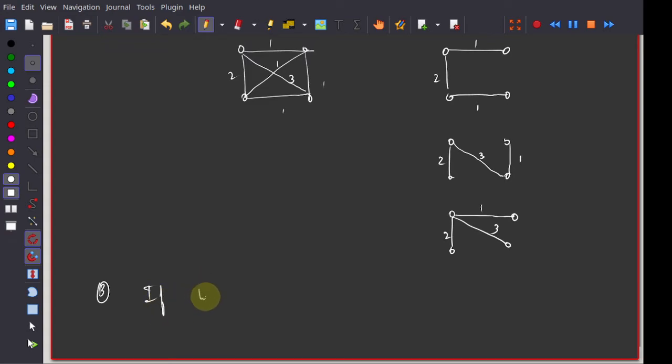So if the weight of the maximum weight spanning tree is equal to the following quantity, W star, which I will define as the summation from i equal to 1 to M of the size of S_i minus N. So this is what I call my target weight.